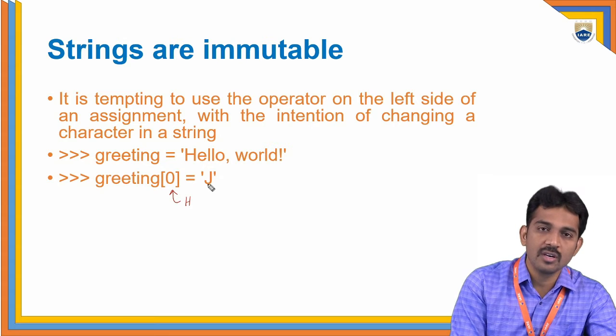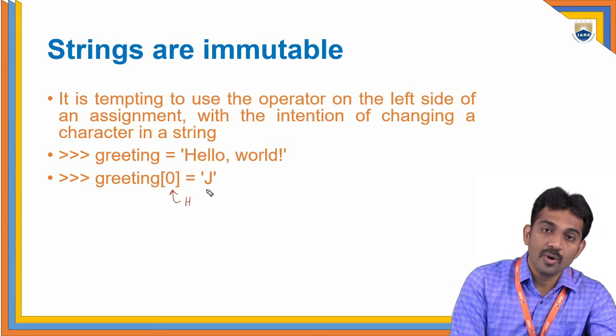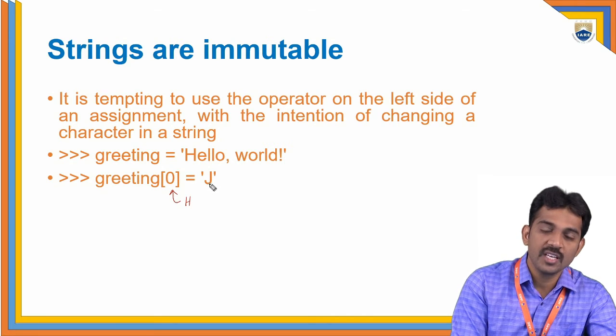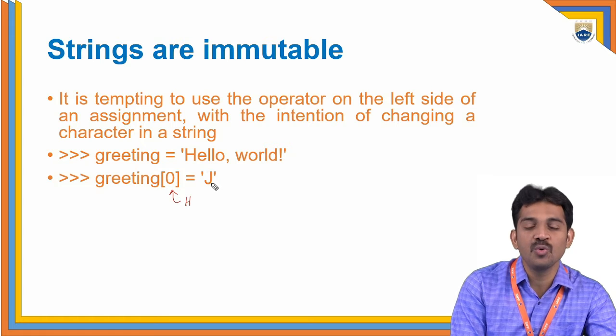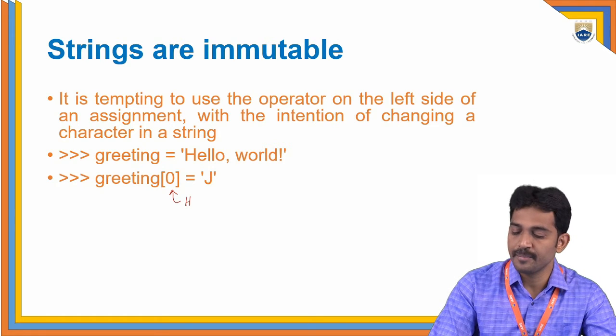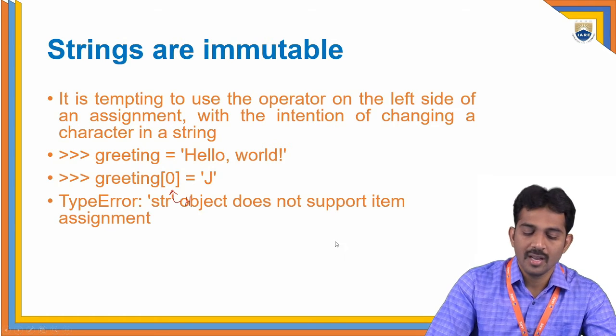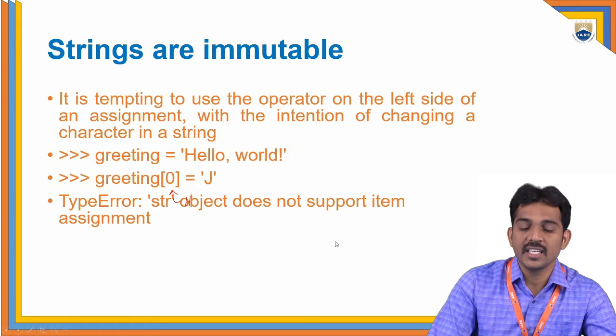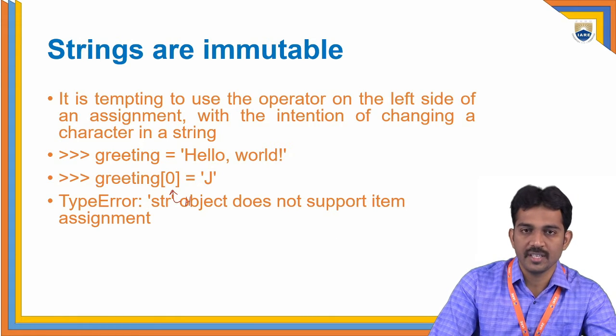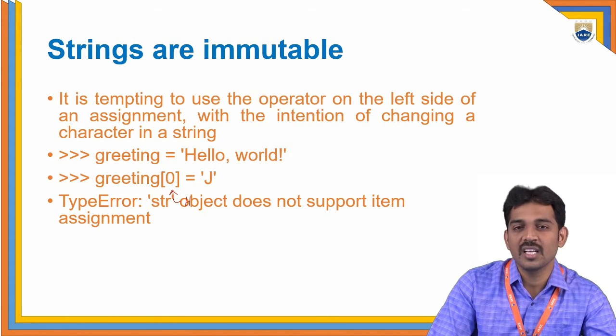If you try to execute this statement, it simply doesn't allow you to change the string. It will show an error: type error, string does not support item assignment. Means the strings are immutable.